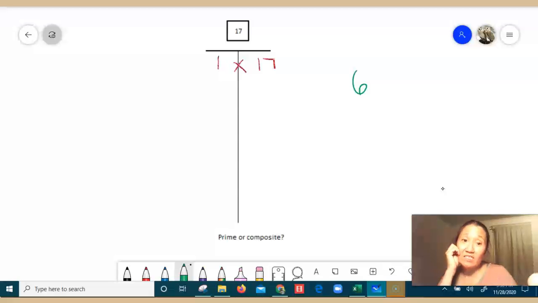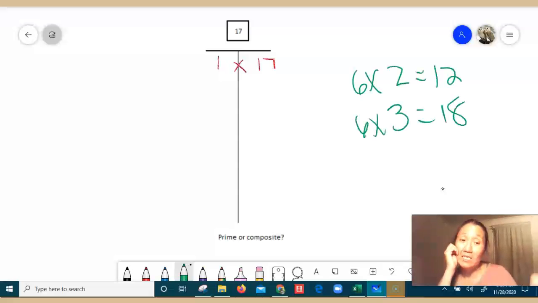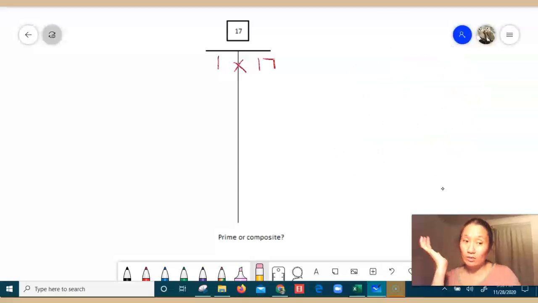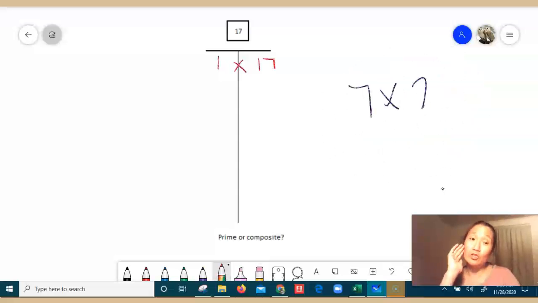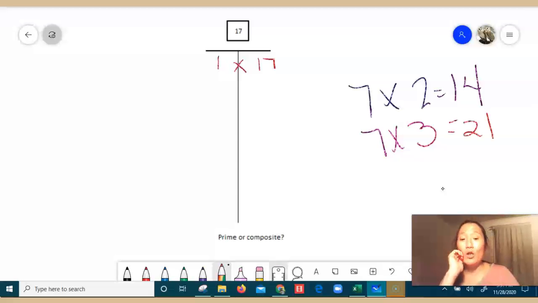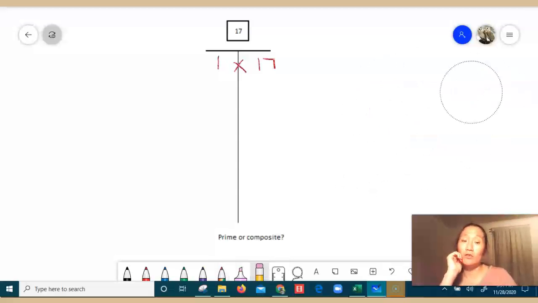6: 6 times 2 equals 12. 6 times 3 equals 18. That one doesn't work either. 6s don't work. Okay, how about 7? 7 times 2 equals 14. 7 times 3 equals 21. Nope, 7s don't work either.